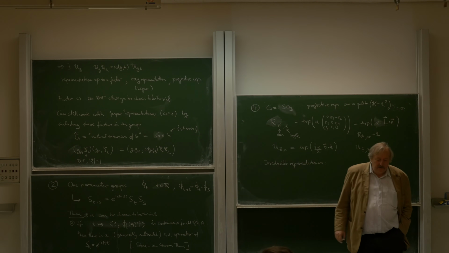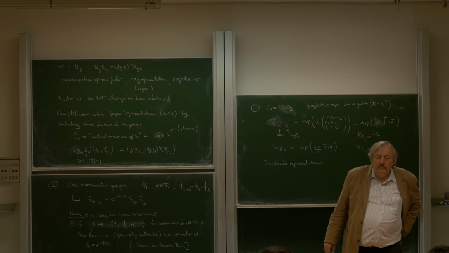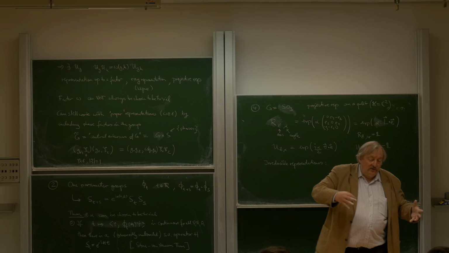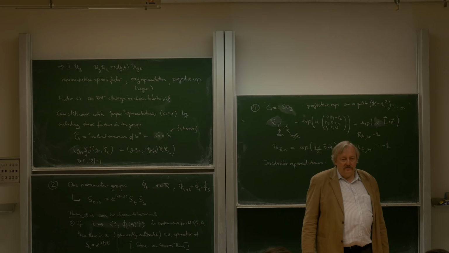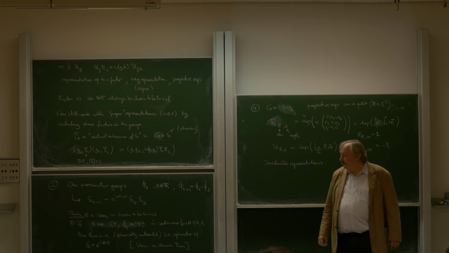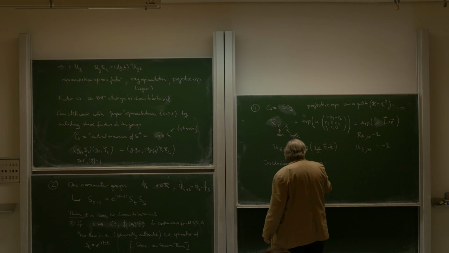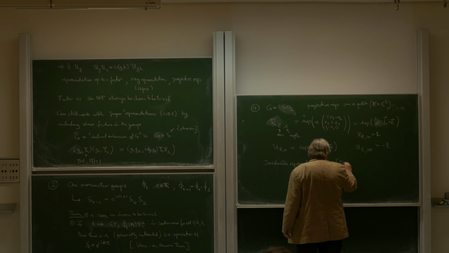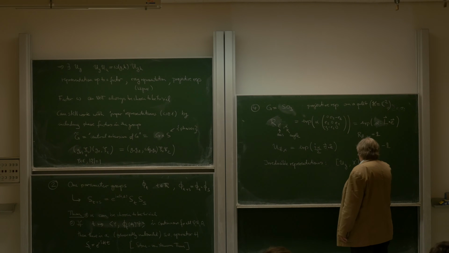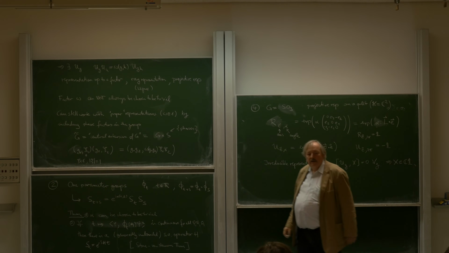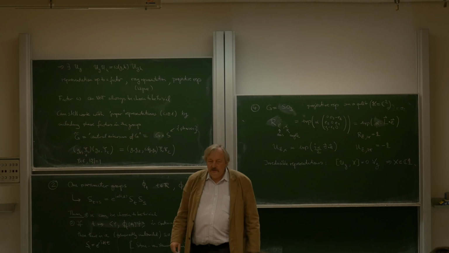The notion of irreducible representation is a way to reduce a general representation to some simpler cases, namely these building blocks that are called irreducible representations. And the definition is that if you have any operator X that commutes with all these, then it follows that X is a multiple of the identity. So that's a definition of an irreducible representation.